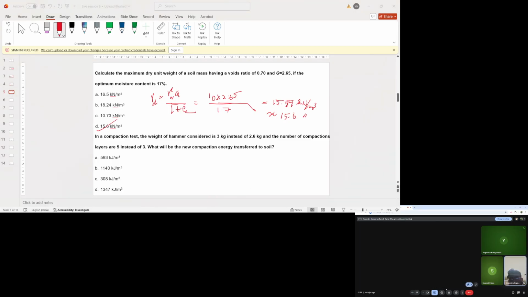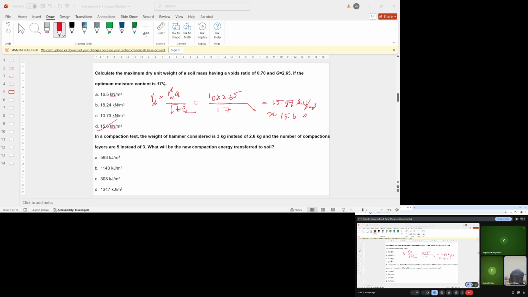How will you calculate compaction energy? Calculating number of blows divided by volume, sir, I think. That is fine, but do you know the basis of how this total energy transferred is calculated?